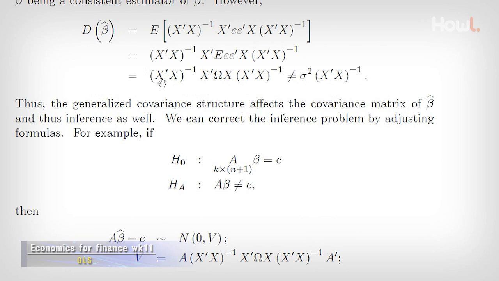Simply this is the variance covariance matrix of beta on the OLS regression.